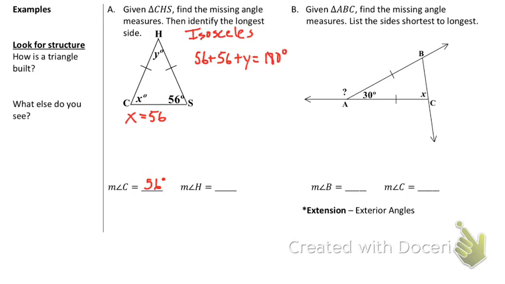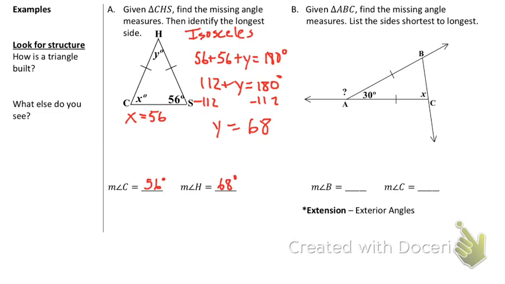So we now can just solve for Y. So 56 plus 56, that's going to give me 112 plus Y equals 180. And then to solve for Y, we subtract 112 from both sides. And that's going to give me Y equal to 68. So now we know the measure of angle H is 68 degrees.